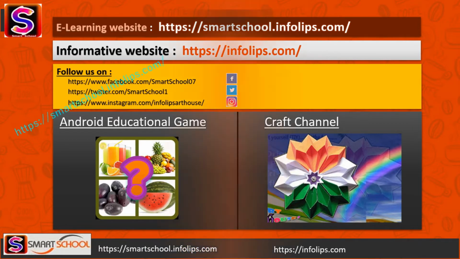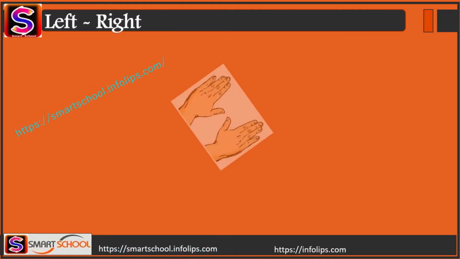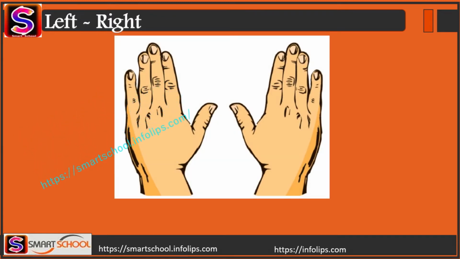So let's see left and right. First, we will understand what is the concept, what is left and what is right. See here, there are two hands. So we have to identify which one is left and which one is right.